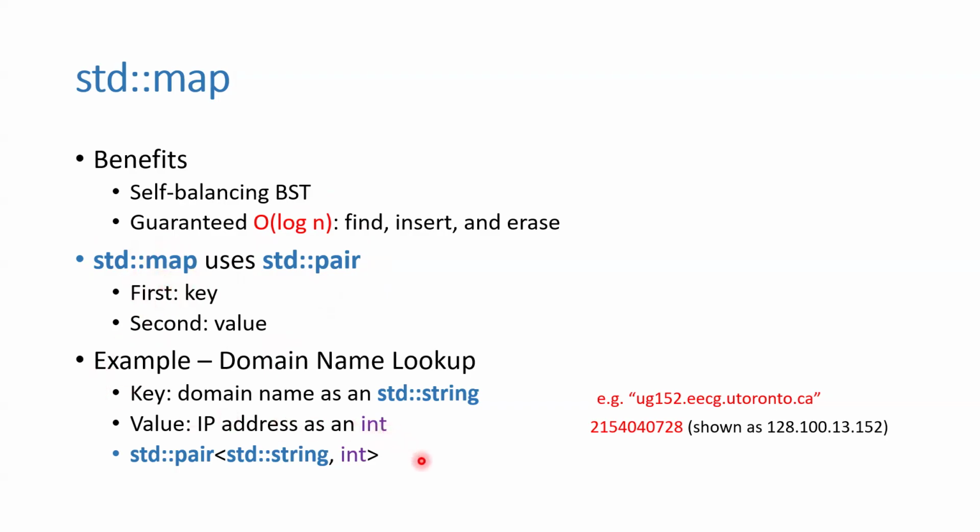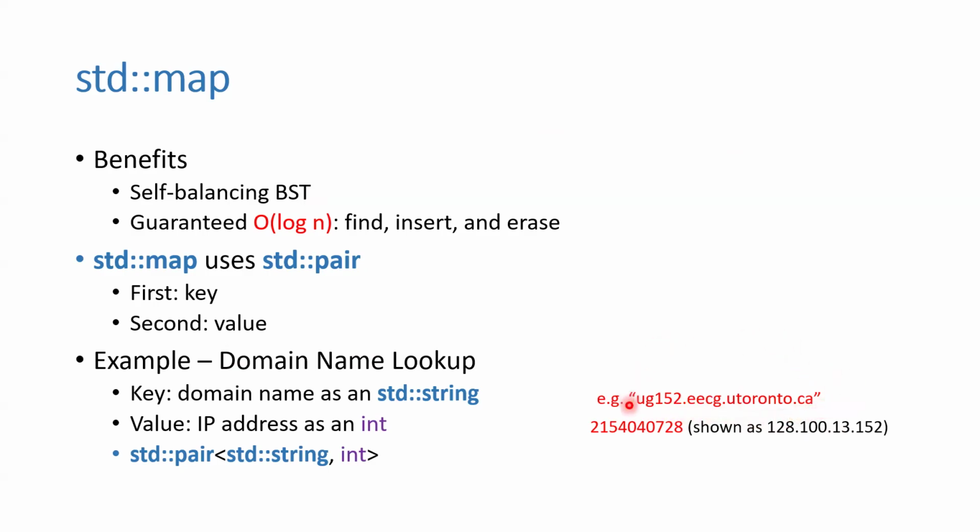An example of the map could be a domain name lookup server. Whenever you type a URL into your browser, it will first query the domain name server using the URL, like ug152.ecg.utoronto.ca.